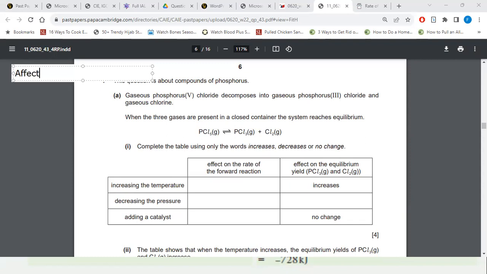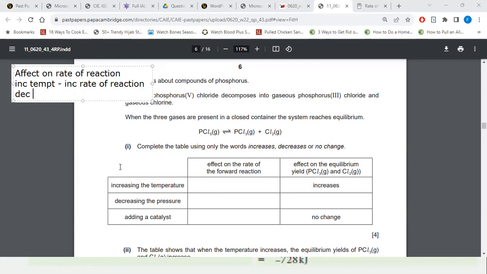So if I increase the temperature, what will happen to the rate of reaction, the speed of reaction? The rate of reaction increases. Correct. And if I decrease it, what will happen? It would decrease the rate of reaction. Correct. Very good.